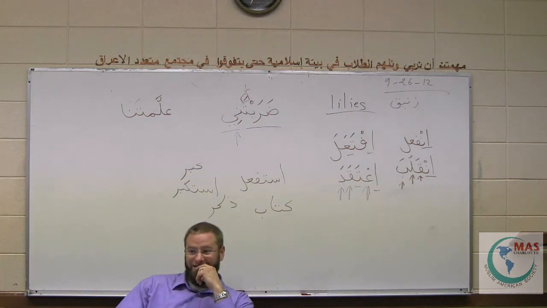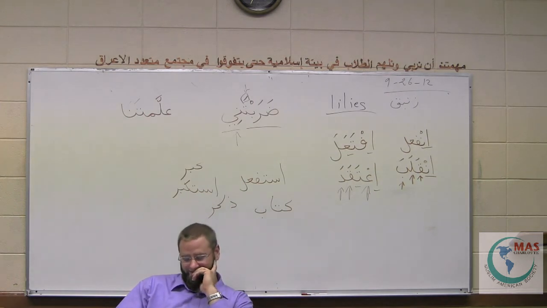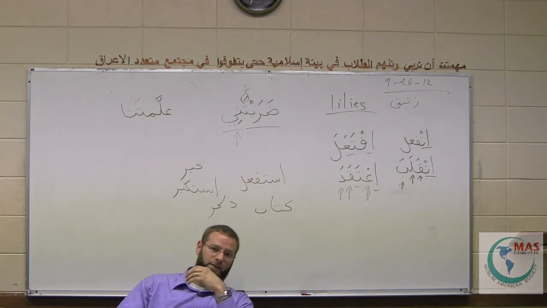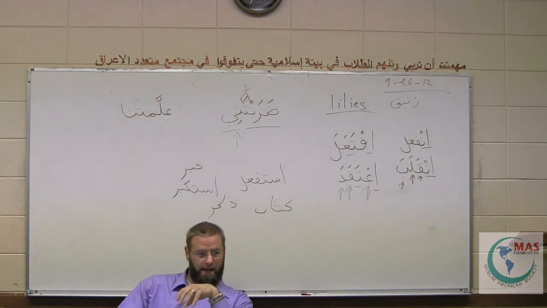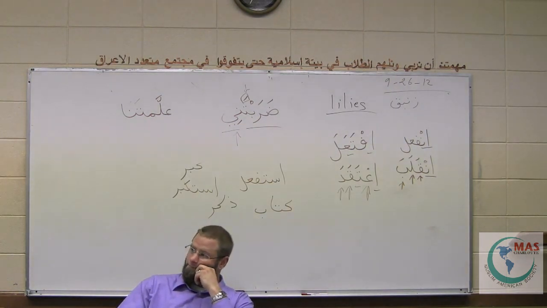So we're in masculine dual for the third person. Fa'ala, sharibā, those two drank. Qāmā, those two stood. Jalasā, those two sat. Rakibā, those two rode.